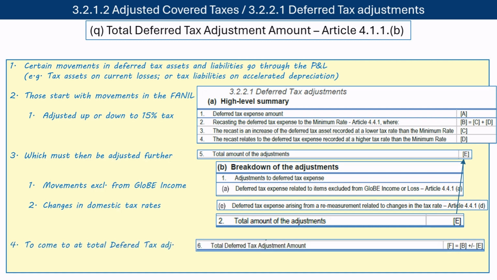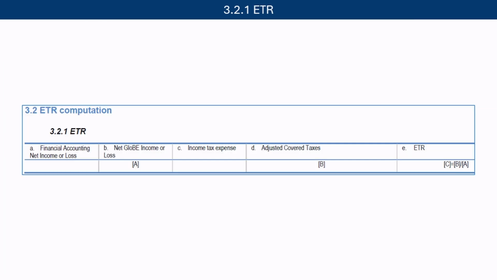And that will give you your total deferred tax adjustment amount. So that's F equals B, which is your recasting, plus all your adjustments. And that will give you your total deferred tax amount. And that one you will then put back into letter Q, where you calculate your total deferred tax adjustment amount for your taxes for calculating your effective tax rate against your GloBE income.